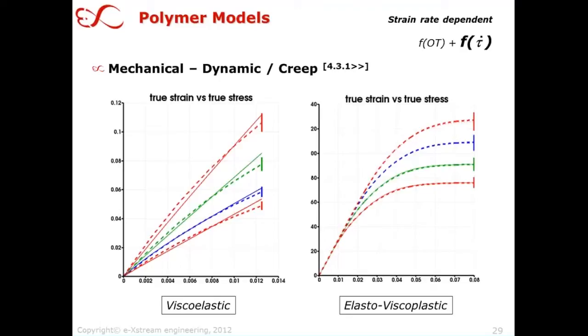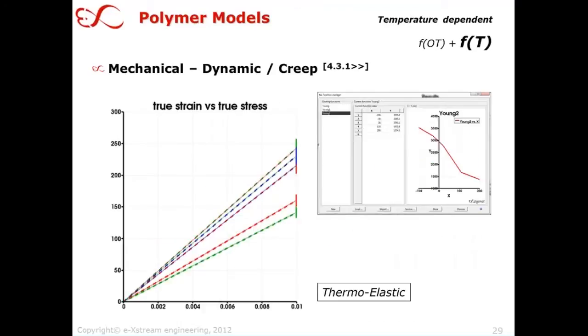What we now turn to is a better description of creep, so very low strain rates, and you will see in the upcoming version of the software that we quite well differentiate between these two different scenarios. There are different theories behind the homogenization that we perform for either dynamic or creep situations. But this is available, and so let's look at the next dependency that we can introduce.